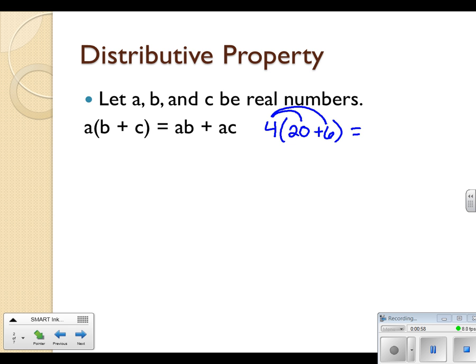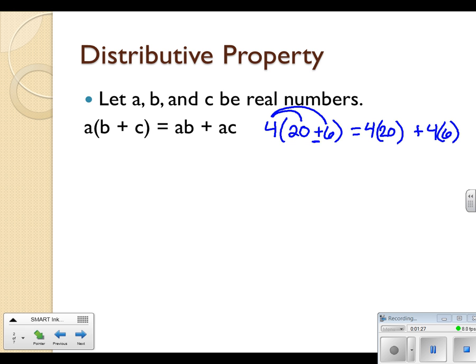So you can see as I distributed it kind of made an image that looks somewhat like a rainbow, which is something you'll hear me use throughout the school year. So I'm distributing the 4 to the 20 and the 4 to the 6. So I'm doing 4 times 20 plus, because there's a plus sign right here, plus 4 times 6.